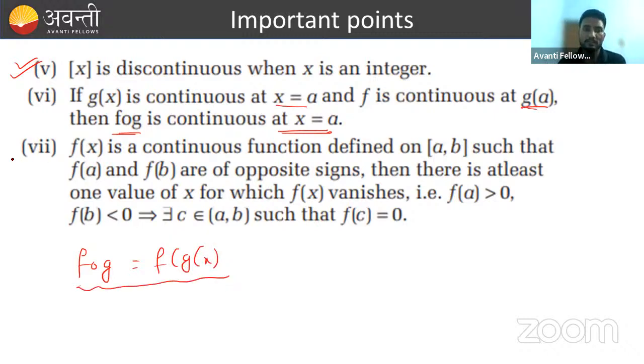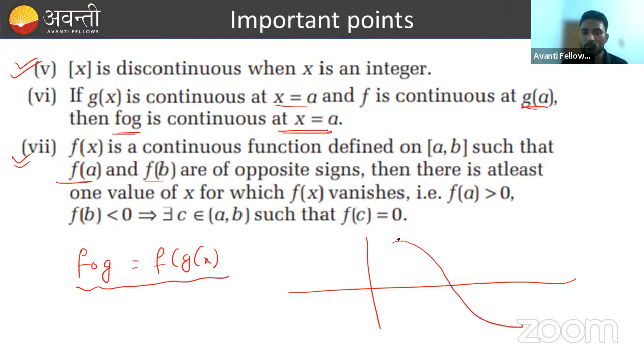And then this point, the 7th point, is very easy. What they are saying is, if a continuous function is there, and there are 2 points a and b, and f of a and f of b are of opposite sign. Means if f of a is positive, then f of b is negative. Suppose this is a and this is b.